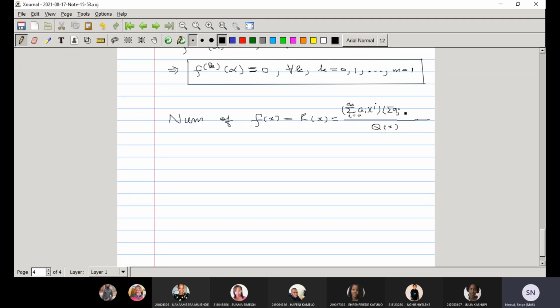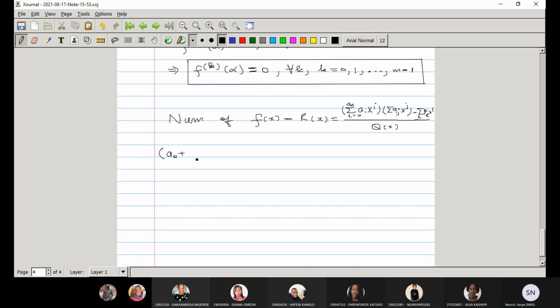Let me put j here, and then minus the P's. Now what should I put here? I can put L, doesn't matter. So the numerator will be this one. So I can write it properly here.